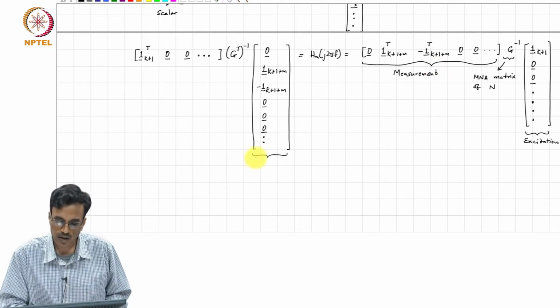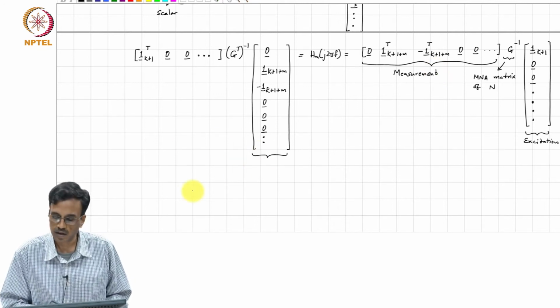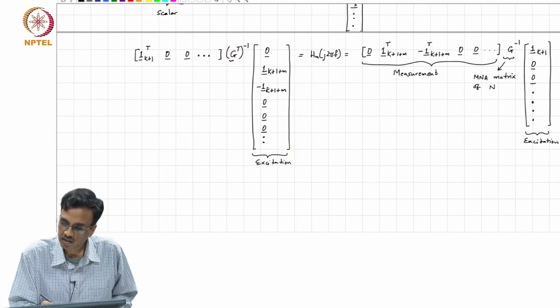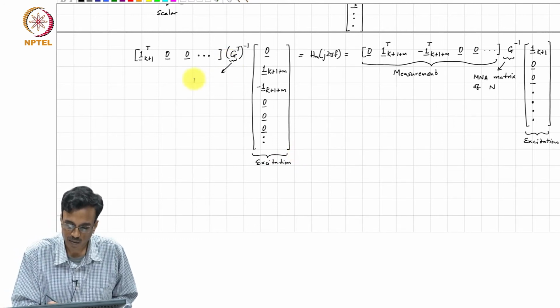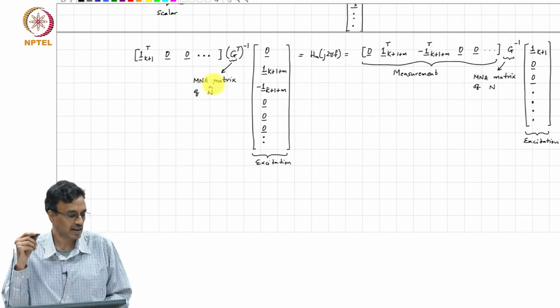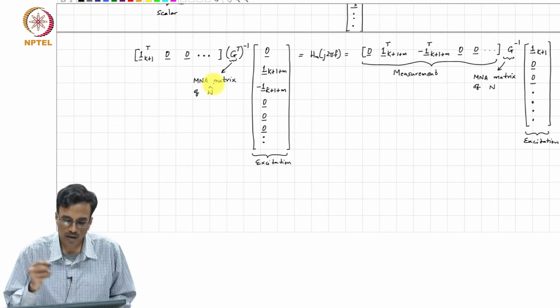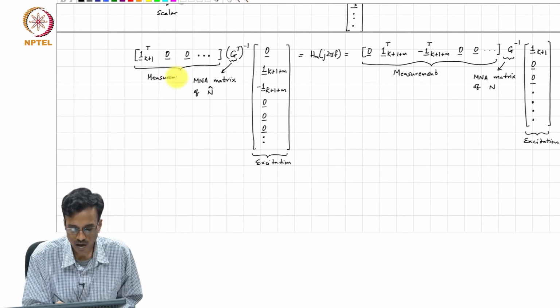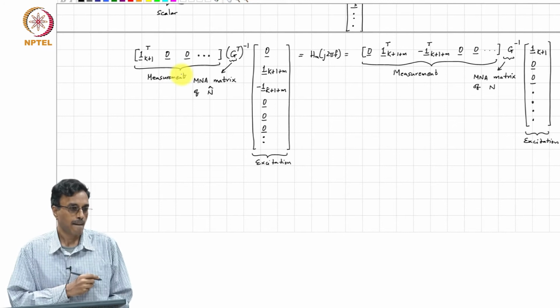Right. If you interpret the order of the terms the same way, this is the excitation and G transpose is the MNA matrix of a new network, which from our past experience is simply the adjoint of the original network, and this is the measurement matrix. Right?